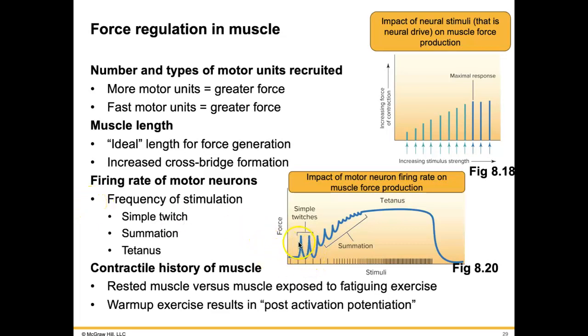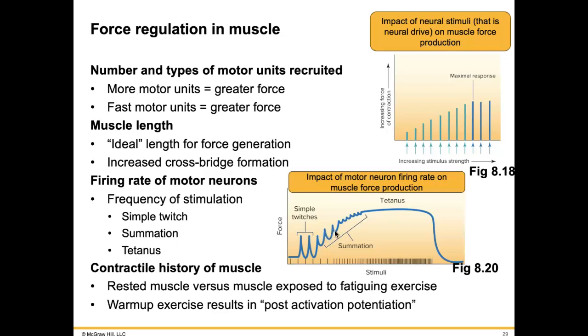You could see over here in this figure that we have simple twitches taking place. We get force produced in a muscle and it goes back down. These are our simple twitches. Then we could get summation to take place where we have a twitch, a contraction building force take place, but the muscle doesn't fully get to relax, and we get another stimulation that is going to cause another contraction of the muscle.